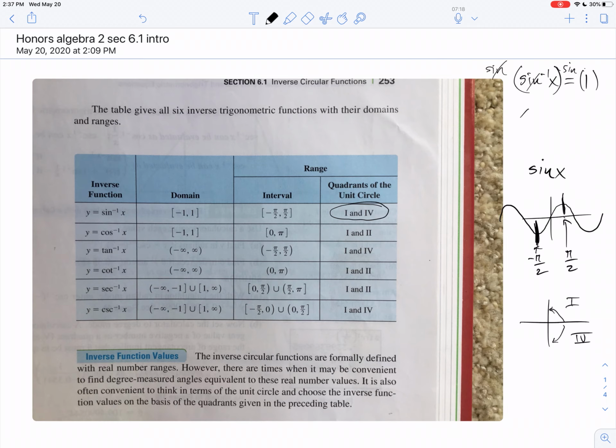Cancel because of the composite. So I'm saying x equals sine of 1. Hey, where is sine equal to 1? Sine is equal to 1 when that angle is pi over 2. Pi over 2 is part of quadrant 1. Remember, it's included. That's a bracket, not a parenthesis.